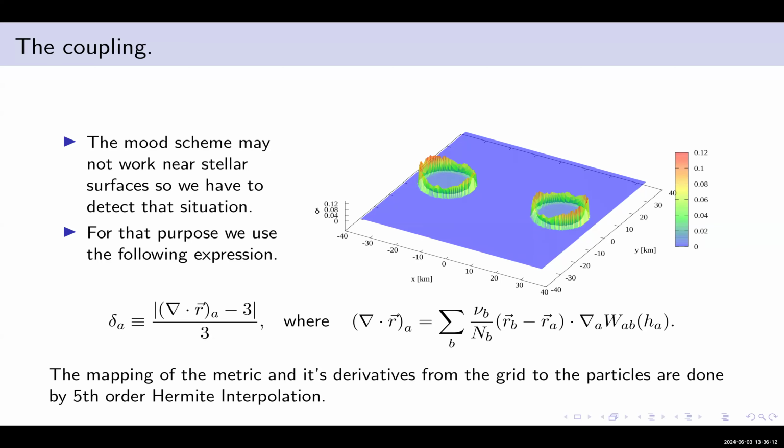If you take the divergence of the radius vector, you should get 3. And so if we calculate this using an SPH estimate near the surface or everywhere, you should get a value that is close to 3. So if we construct this quantity here, then that should be close to 0.